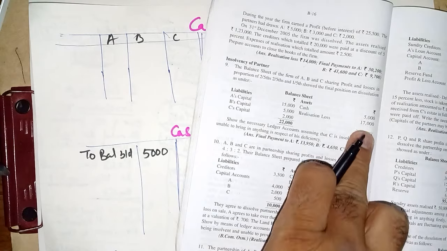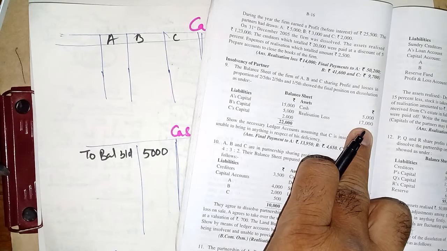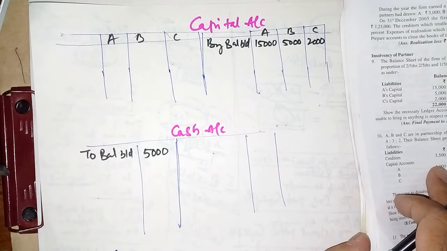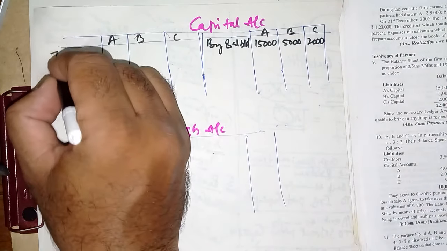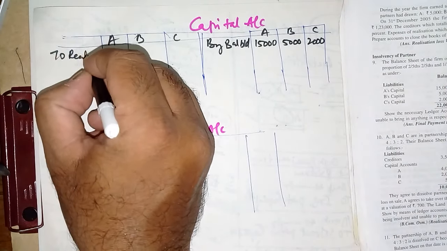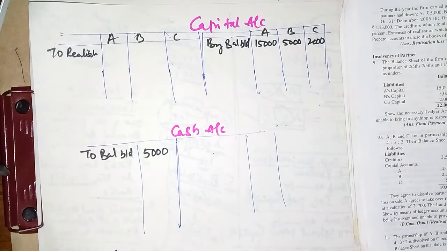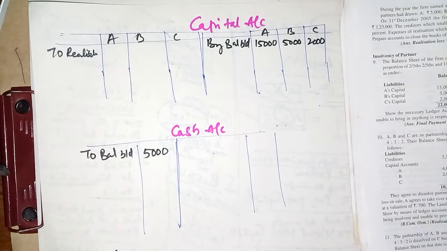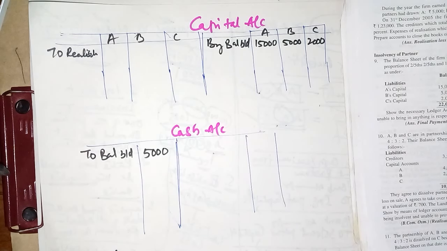Next we have given realization loss 17,000 and the ratio is 2 to 2 to 1. So it should be distributed among the partners. Realization loss will be debited to realization. Directly we have given. So we need to distribute 17,000 divided by 5.